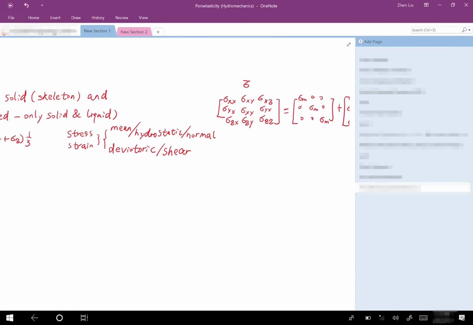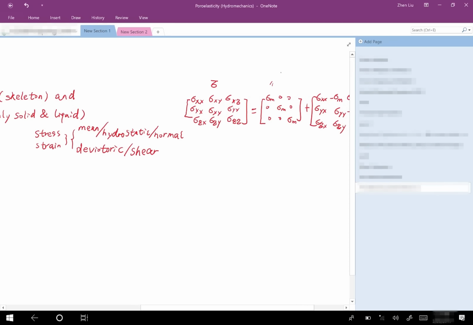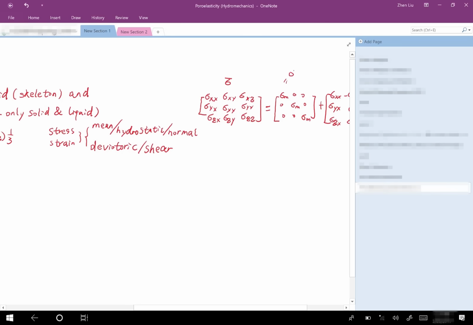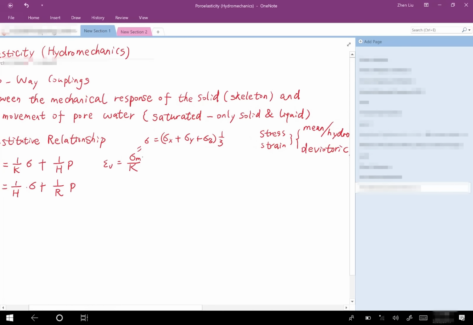And if you want to get a better understanding of what sigma m is, it's very similar to the p, to the sigma here, the one that we are working on. This is sigma m. It's just the mean stress. Did I make myself clear enough?